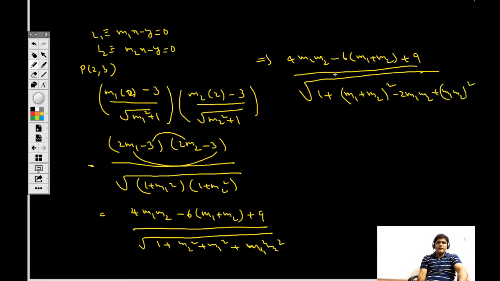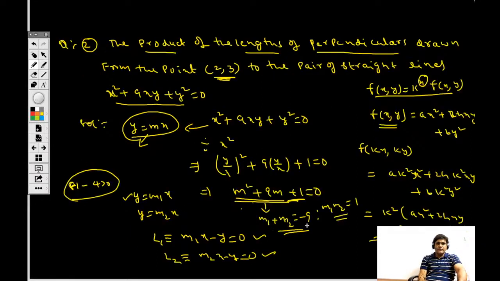Now we have the data, the sum of the roots and the product of the roots. m1 plus m2 is minus 9 and m1 m2 is 1.